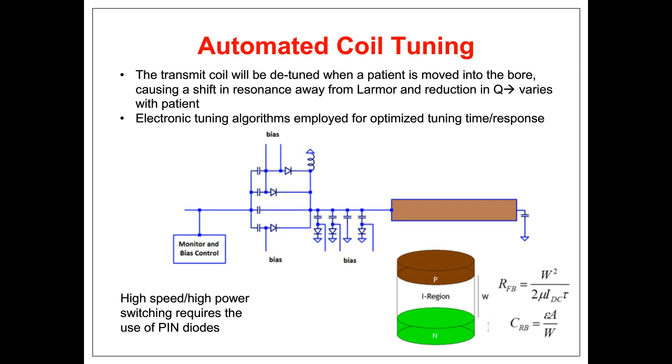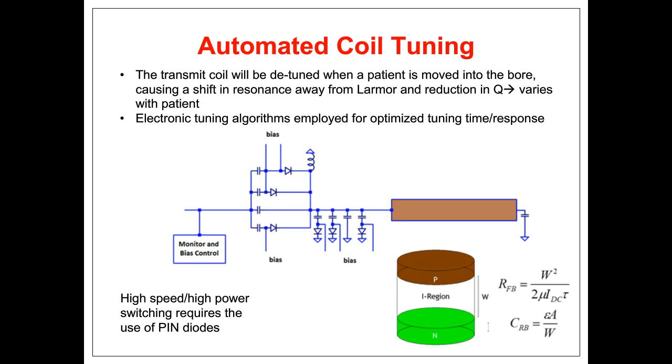Very quickly, a PIN diode is, just like the name implies, a P-type region, intrinsic region, and N-type region. When you forward bias it, the resistance can be made very small with a significant DC current. When you reverse bias it, it becomes essentially capacitive, and you can have a relatively small reactance.